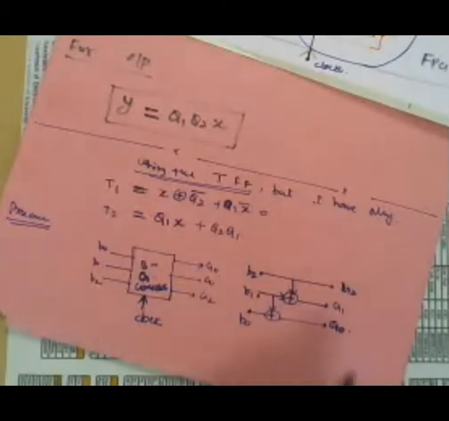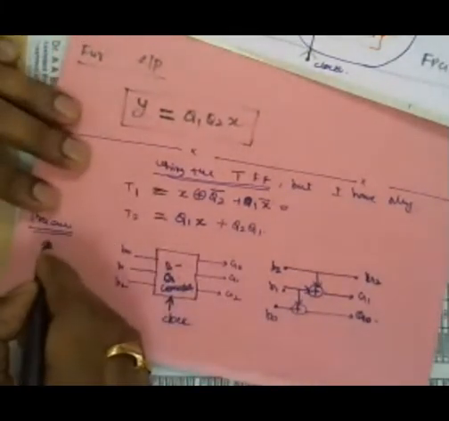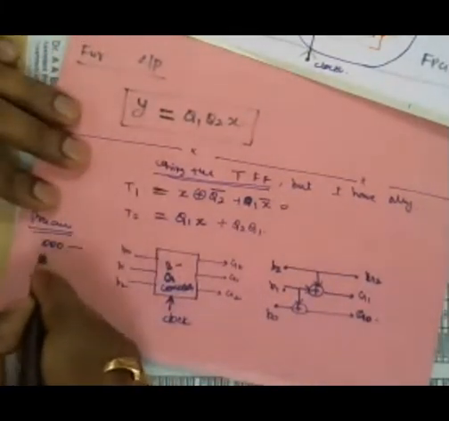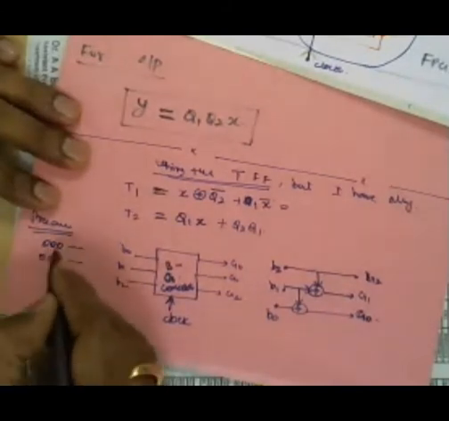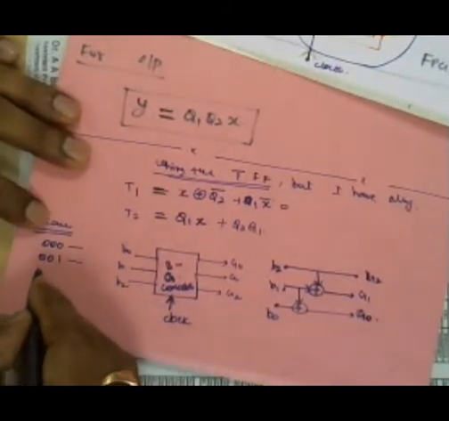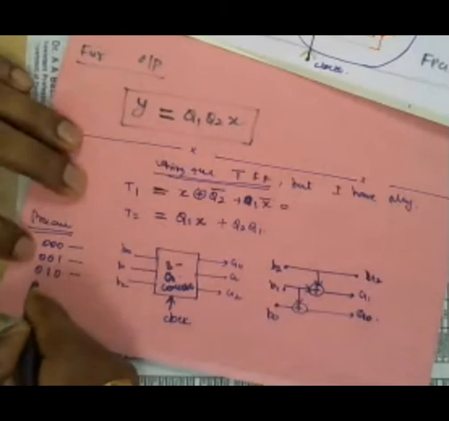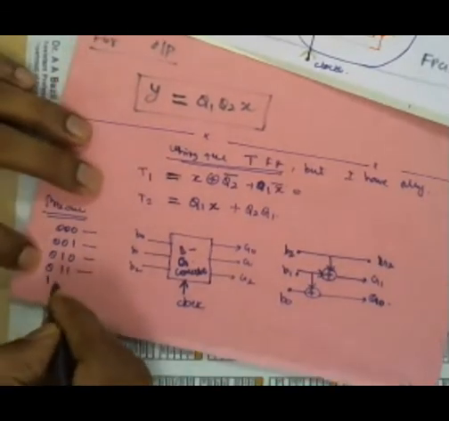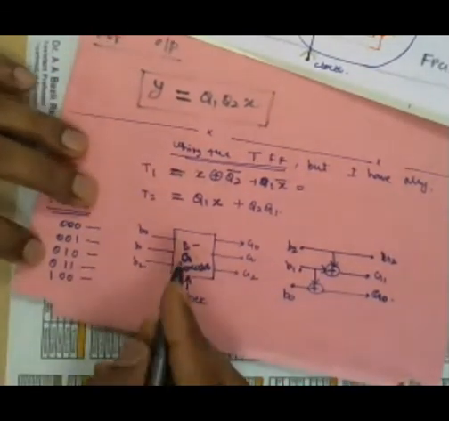So inputs we are taking in this order: 0, 0, 0, 0, 0, 1. This is our input order now. Input will not go randomly. So 0, 1, 0, 0, 1, 1, 1, 0, 0, right.